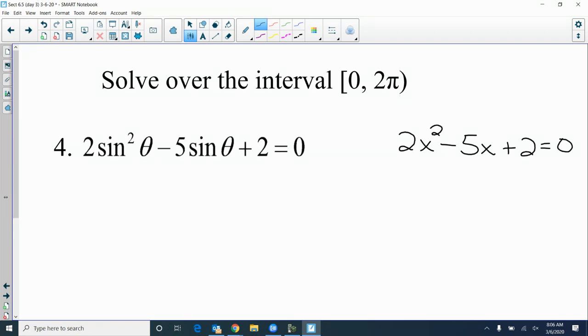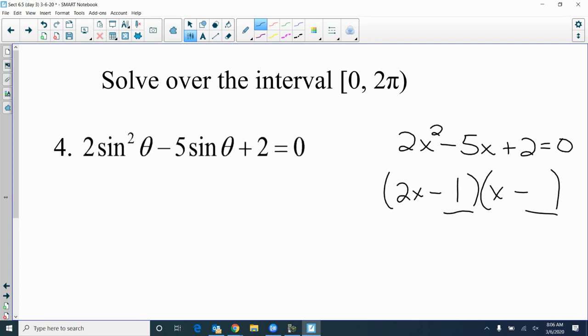Okay, when I take a look at this now, I know you can do grouping, that'll always work. Just like when I have a small number in front of the x squared, I like to do guess and check. I've got a 2 here, so I don't have many options. These two numbers have to multiply to get 2. Since that's a negative, both of them have to be negative. So it's either 1 in the first slot and 2 in the second, or 2 in the first and 1.